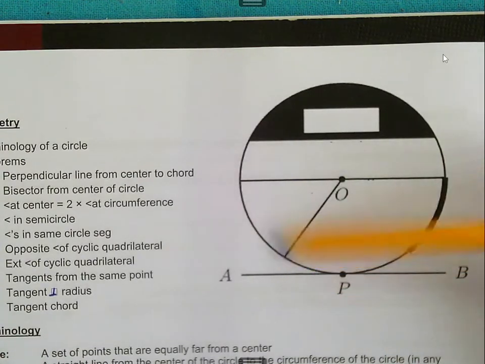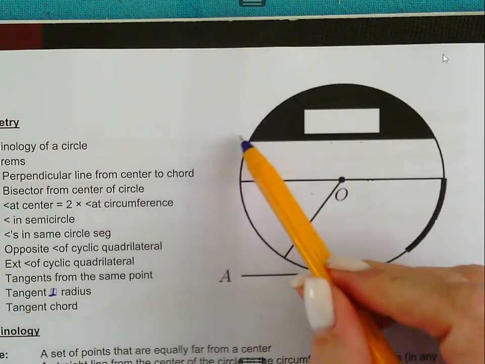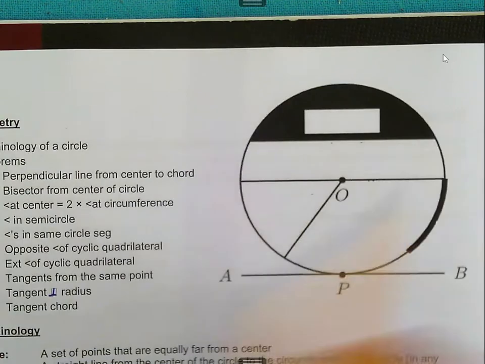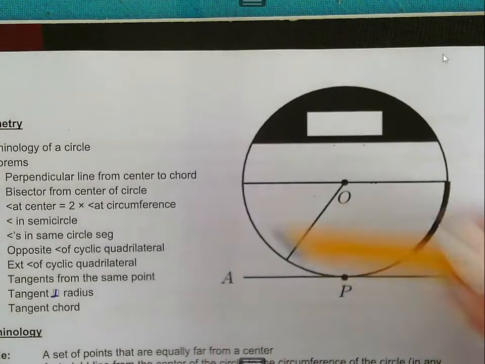Perimeter, that's the distance around the circle. A chord, very important. This is a word that we're going to use a lot. A chord is a line from the circumference of the circle to the other side, but that doesn't go through the center. Actually the diameter is also a chord, but it's a specialized chord.